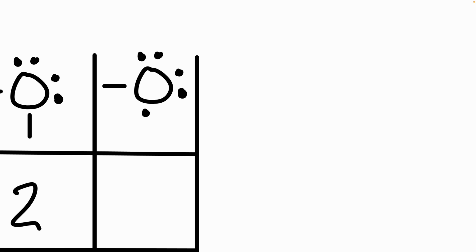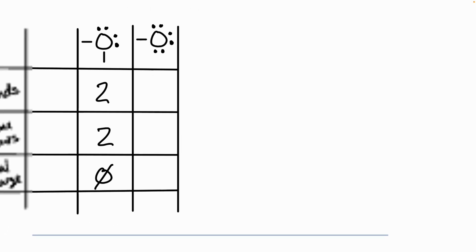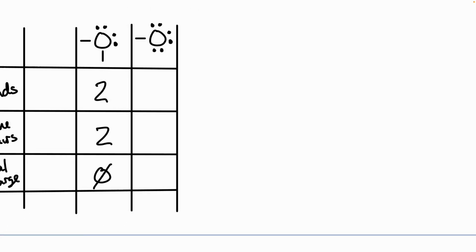So I'm going to erase a bond and replace it with a lone pair here. So that was a pair of electrons that oxygen was sharing with the neighboring atom, and now all of a sudden that pair of electrons is sitting just on that oxygen atom. It's increasing the electron density of that oxygen atom. So now oxygen doesn't have a formal charge of 0. It would have a formal charge of -1.